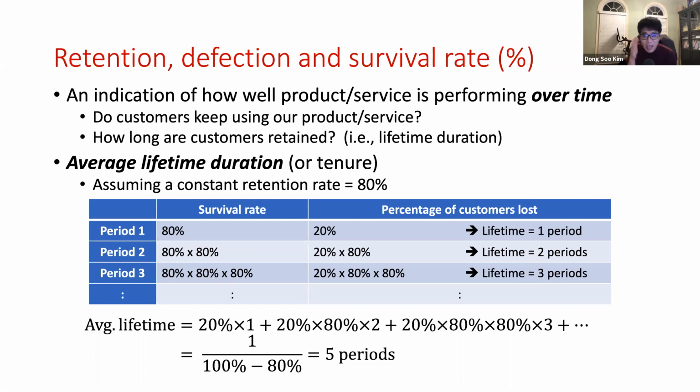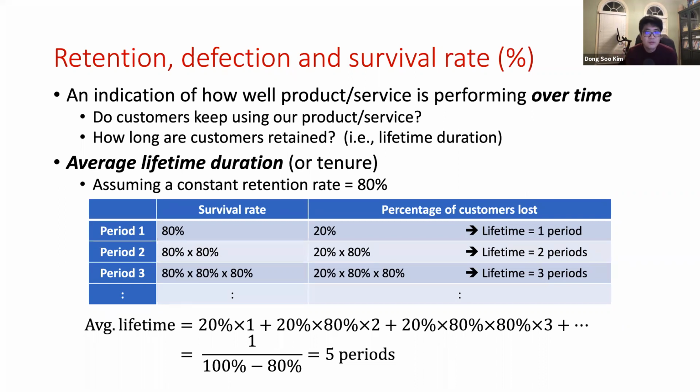To compute it, researchers usually assume that the retention rate is constant over time. This assumption is reasonable when a product or service's quality does not change over time. If the quality doesn't change, retention rates are usually stable over time. So this assumption is reasonable.